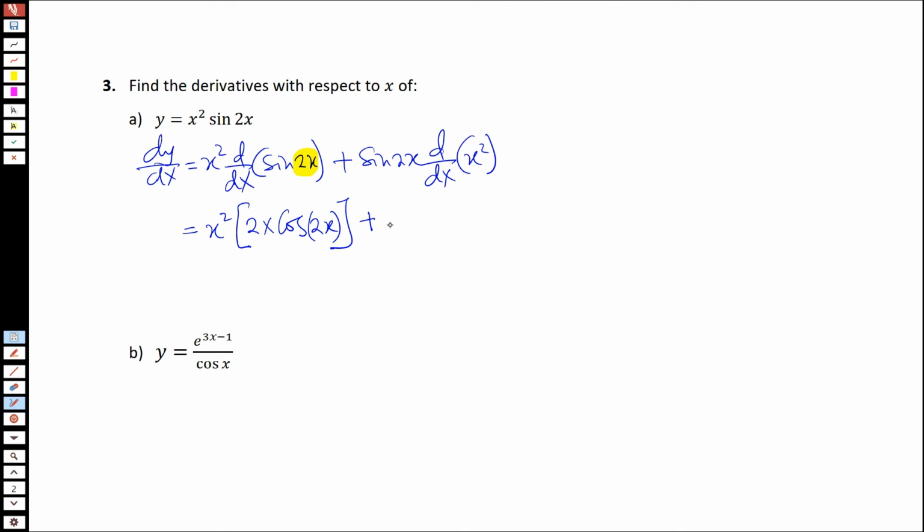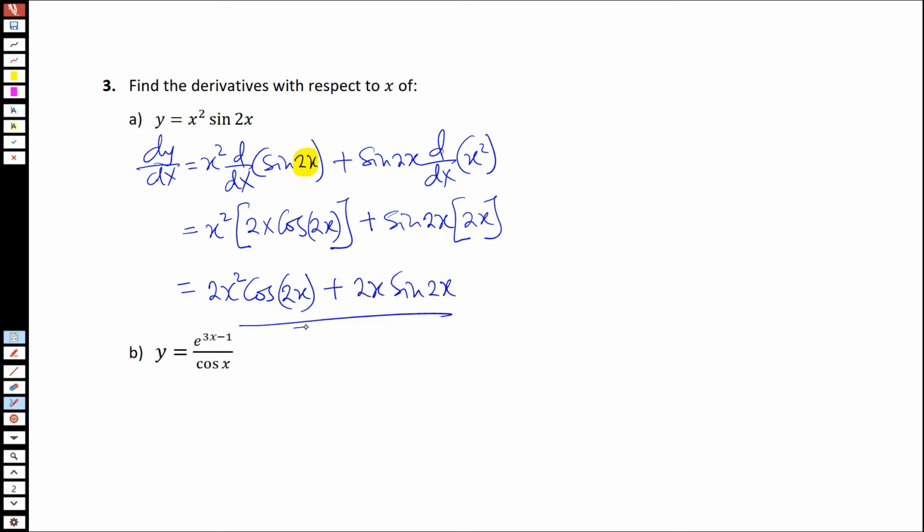And then here it will be sine 2x multiplied by 2x, because the derivative of x squared is 2x. And then grouping things together, we'll have 2x squared cos 2x plus 2x sine 2x, and that will be the required solution.